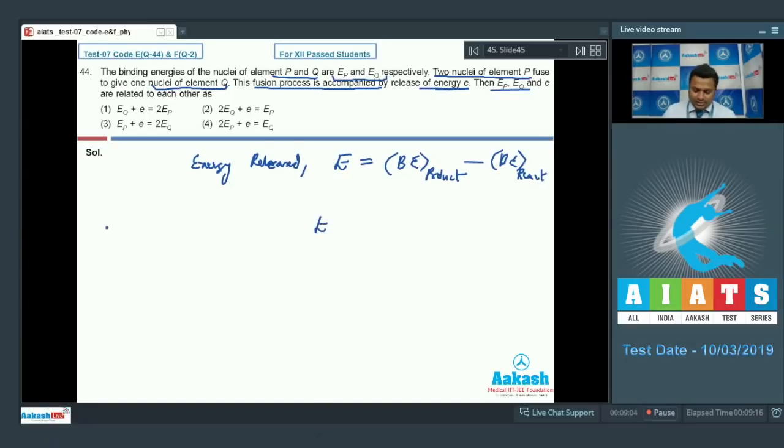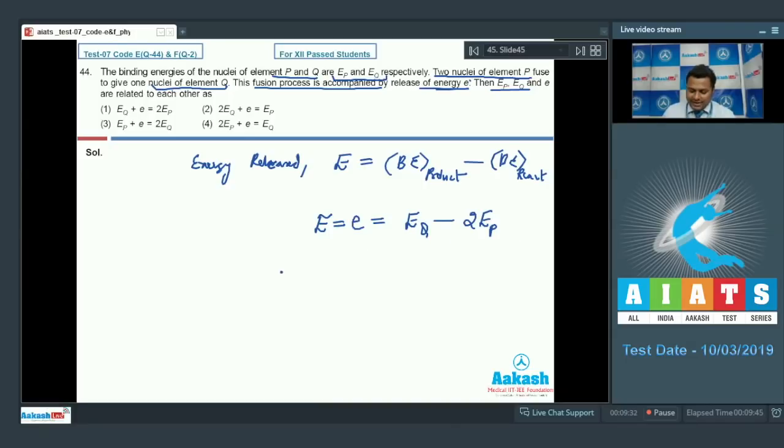So E, which is already given in the question, that E energy is released. So E is equal to the binding energy of product. Now product is one nuclei of element Q, so EQ, minus reactant, which is 2 nuclei of element P, so 2 times binding energy of P, that is EP.